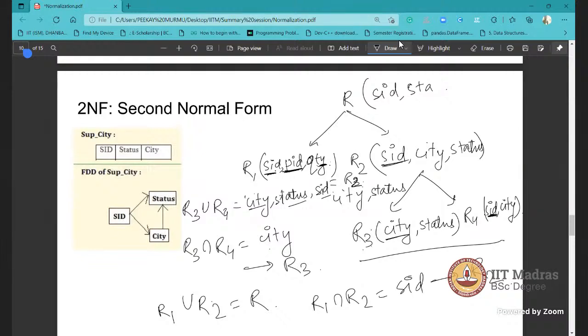Whatever R we decomposed into 3NFs, we can say that the 3NF decomposition is lossless, right? Yes.